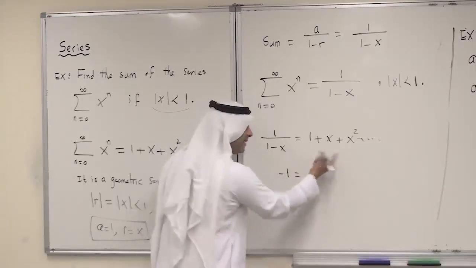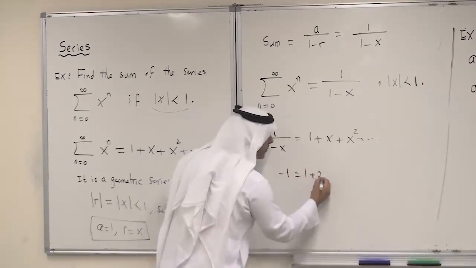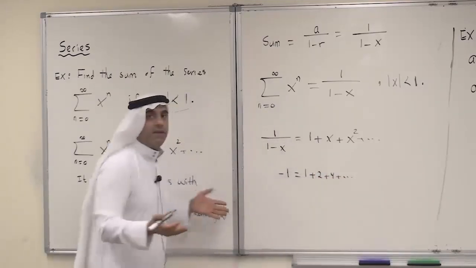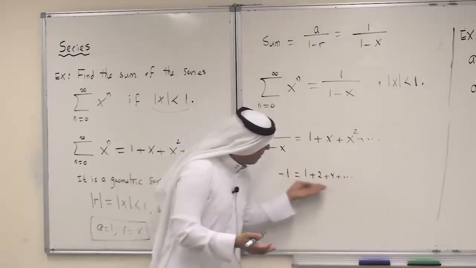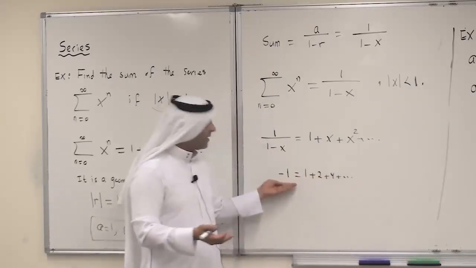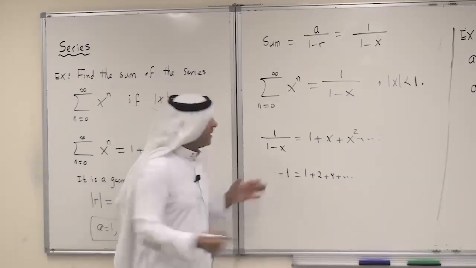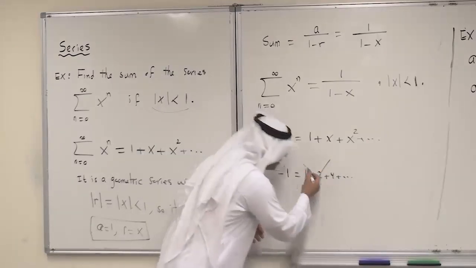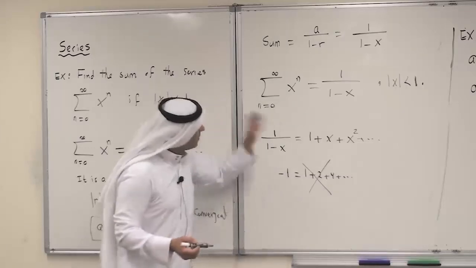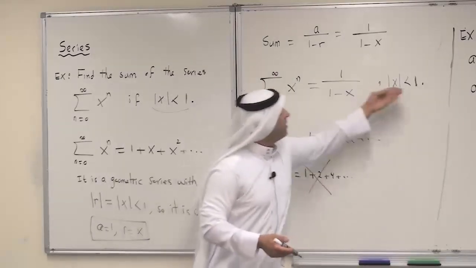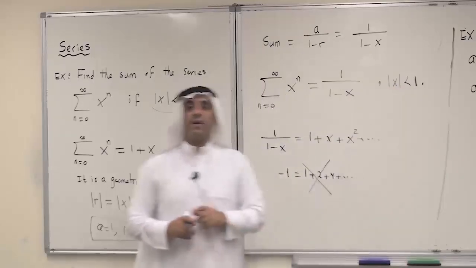And on the other side, we have 1 plus 2 plus 4 plus, and so on. So what does it mean? It means you are adding infinitely many positive numbers, and at the end of the day, you are getting a negative number. Does it make sense here? This is totally wrong. Why? Because we are substituting a point which is not allowed. It is outside the domain of the series, where we specified x to be between -1 and 1.